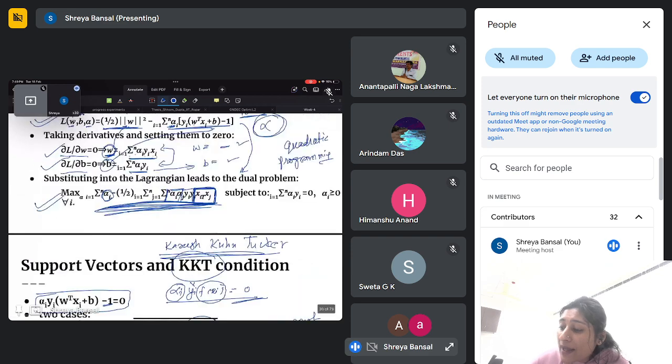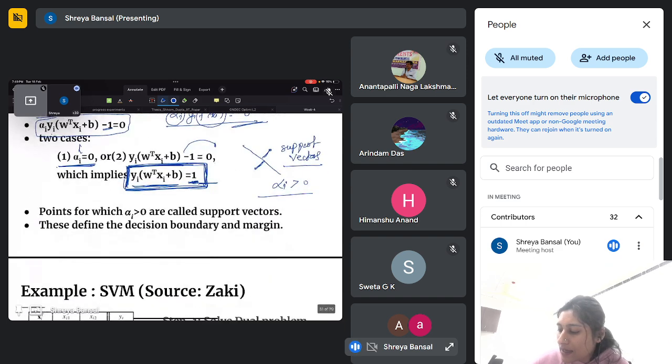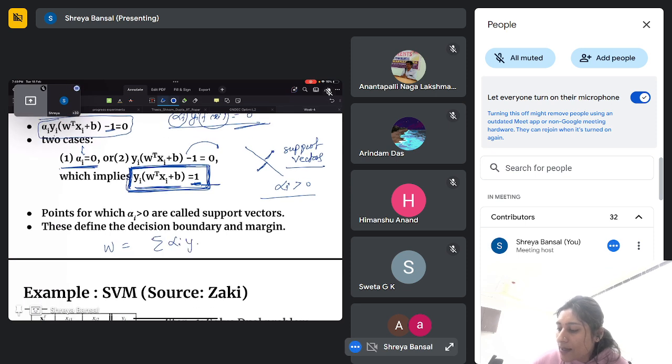For alpha I equal to 0, this value will not be applicable. Obviously, the weights are sigma alpha I, yi and xi. If alpha is 0, then it will not contribute to w. So we can conclude that only support vectors will help you to find the marginal plane, this hyperplane.